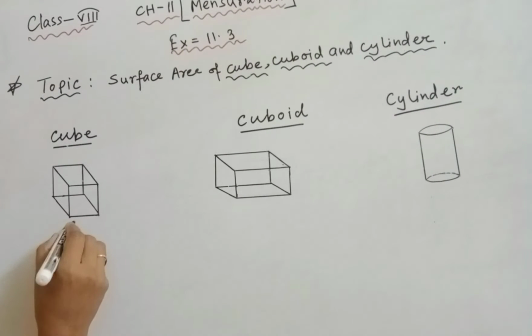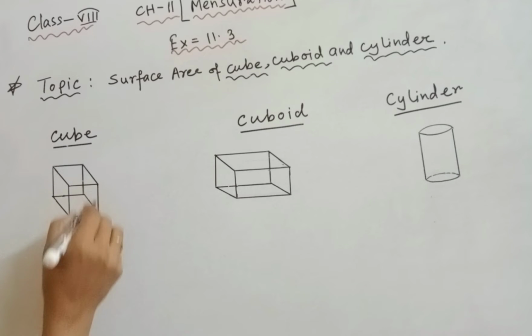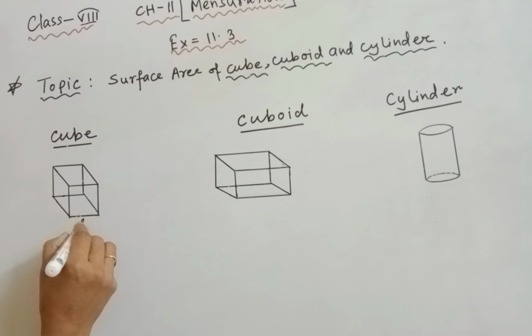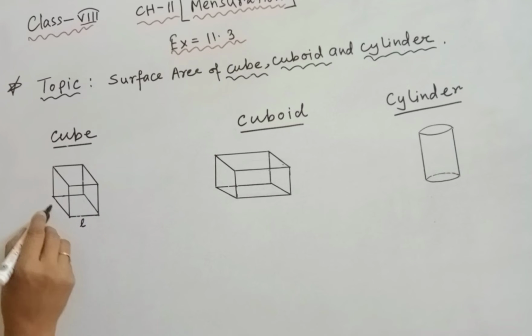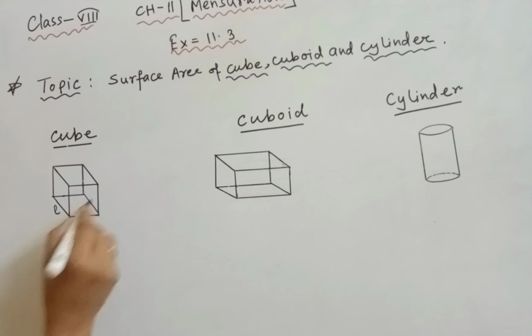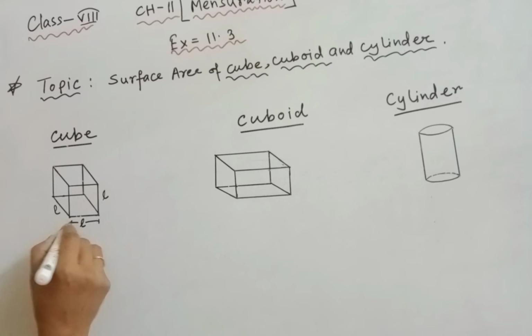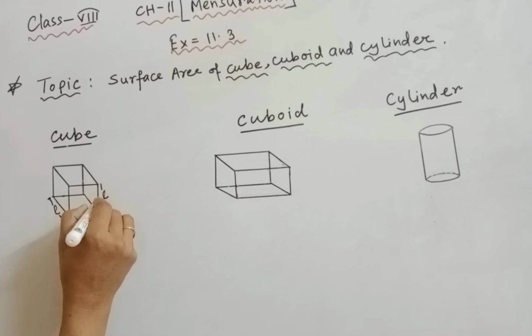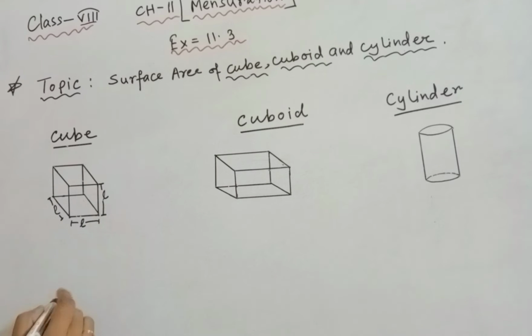As it looks like a square from all sides, we can take the length as L. The breadth is also the same measurement, so I am taking L, and the height is also the same, so length L, breadth L and height L.